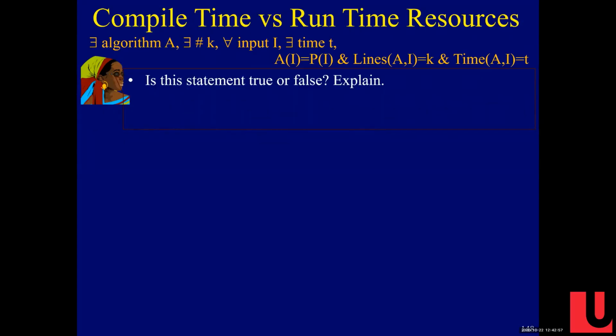Whenever I say exists, the domain here is always finite, right? There exists a finite algorithm, there exists a finite k, there exists a finite input, there exists a finite time. So the t has to be finite for the algorithm to work? Yeah, your algorithm has to stop.